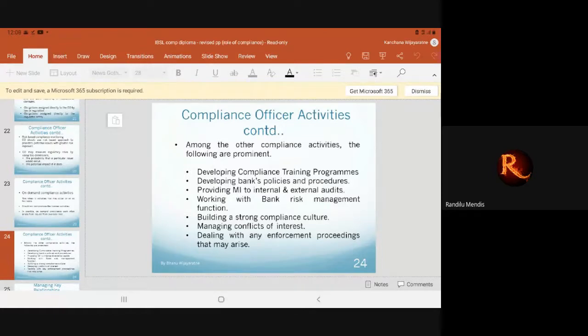Also in the banking sector, governance requirements have restricted the banking business: nobody can have more than 10% of stake within the banking organization unless it is very clearly stipulated and approved by the regulator, right? Those are governance requirements to avoid conflict of interest. So the compliance will have to make sure that these things are in place.